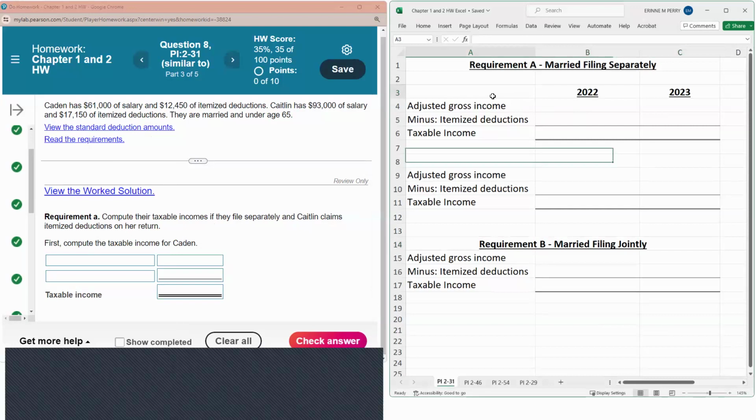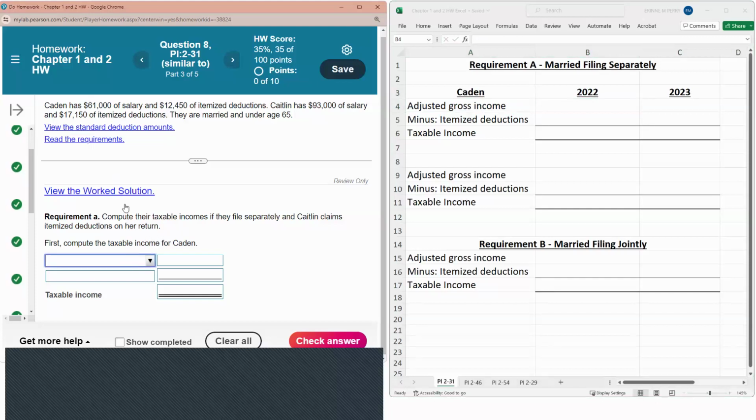So we'll start off with the first person. Here we have Caden, and in this case, their adjusted gross income, we start off with Caden. It lets us know that he has $61,000 worth of salary. It doesn't tell us that he has any exclusions or anything of that nature, so there's nothing for us to deduct.